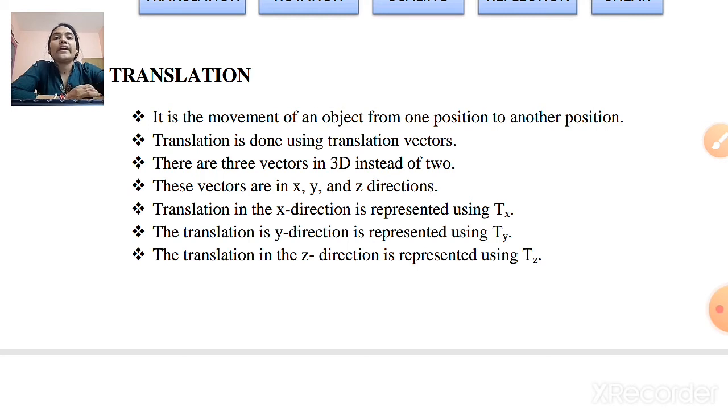Translation in the x direction is represented using tx, translation in the y direction is represented using ty, and translation in the z direction is represented as tz. That means the distance from source to destination.